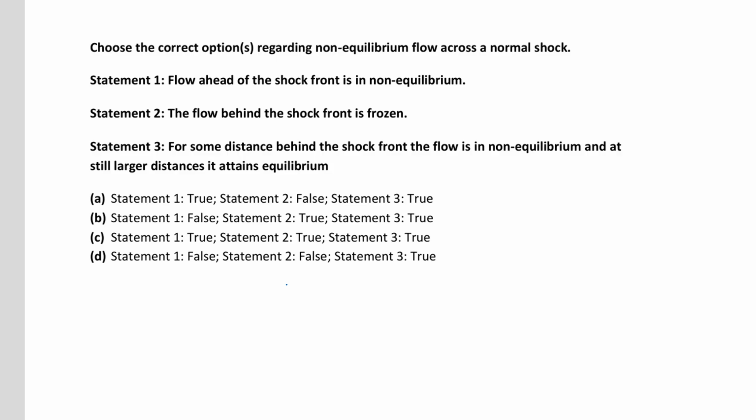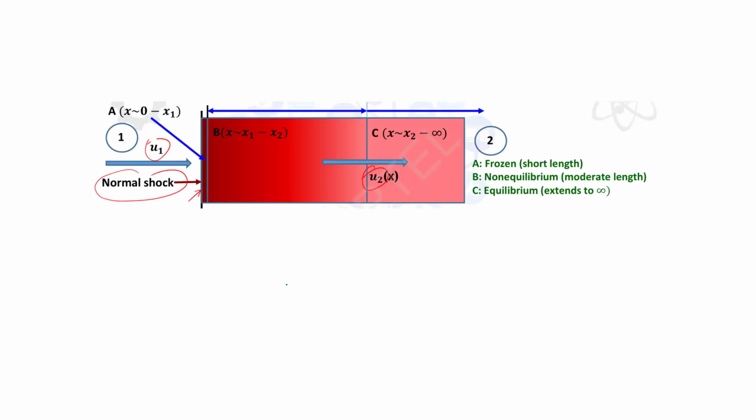The definition of frozen flow, non-equilibrium flow and equilibrium flow I will tell later, but first we will see what happens. You might have studied this in this week's lecture also. So I will directly go to the solution of this problem, and first we have to see what happens across a shock.